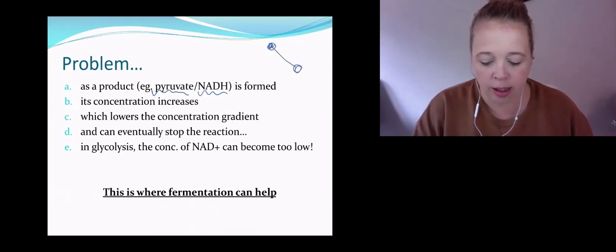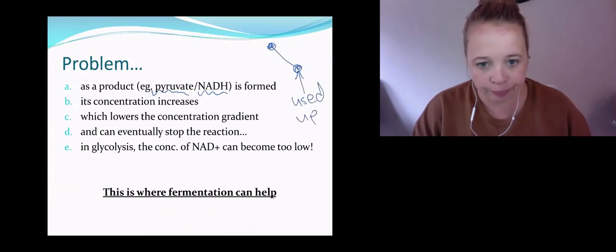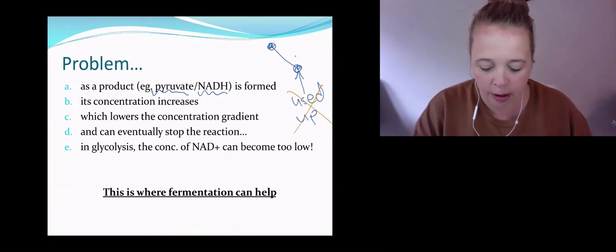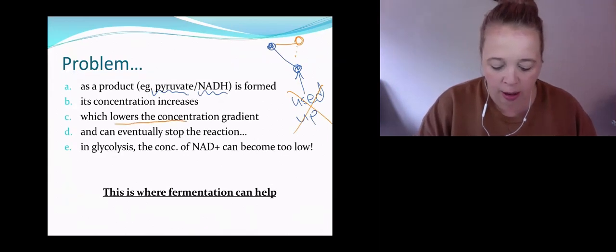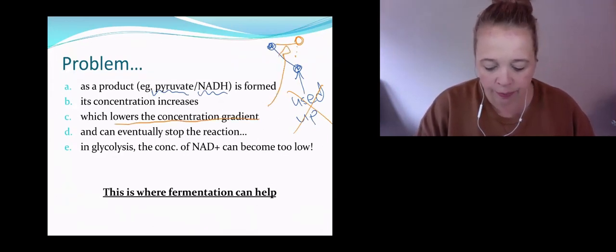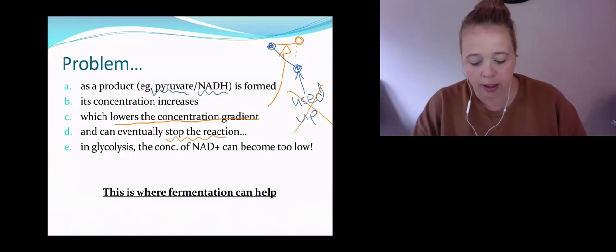So normally they just get used up constantly, which keeps this concentration low. But when this is not happening, their concentration keeps building up and up and up, and eventually lowers that concentration gradient and stops the reaction.